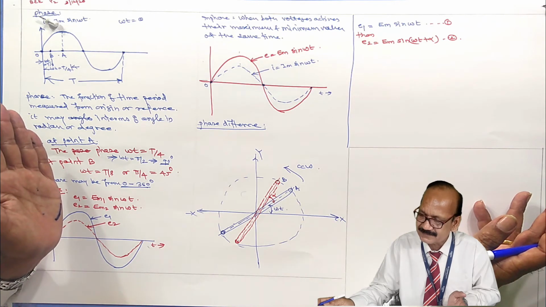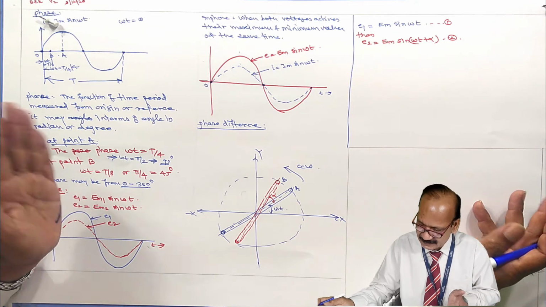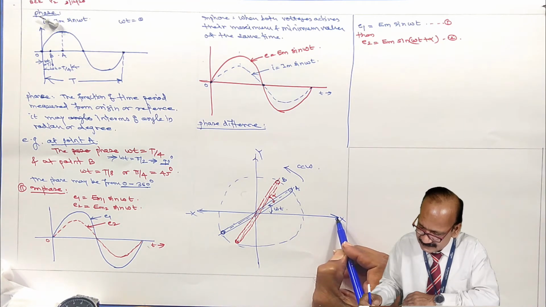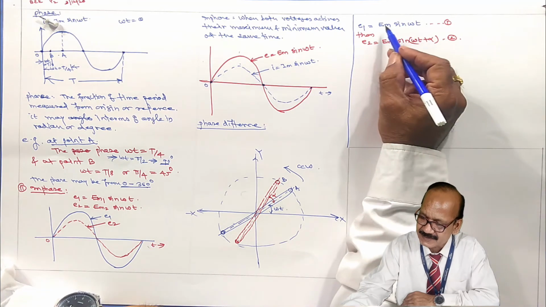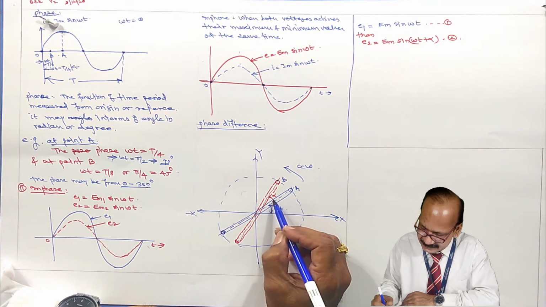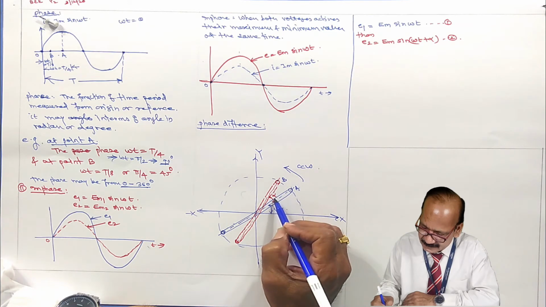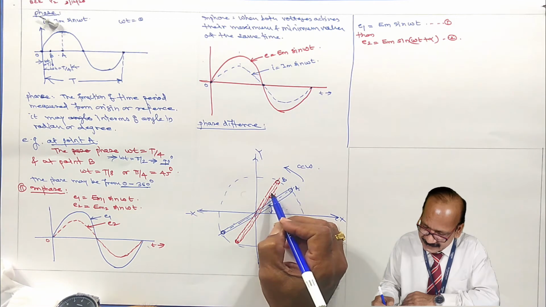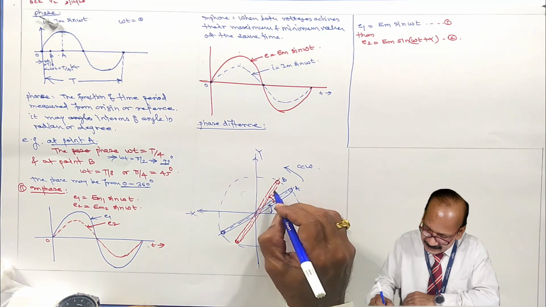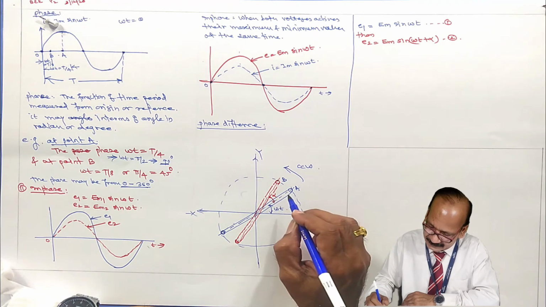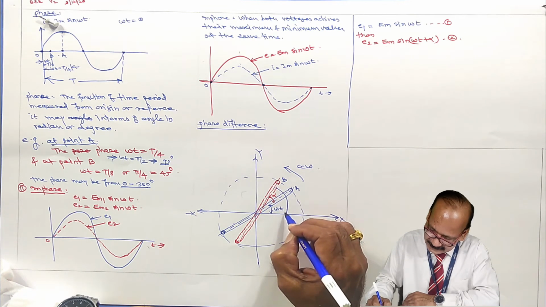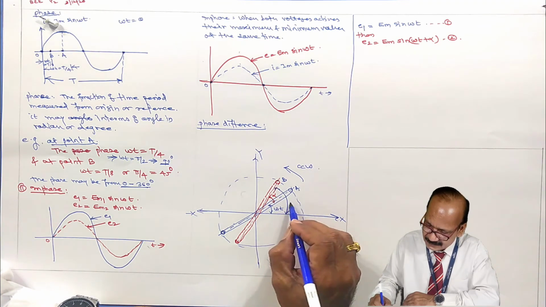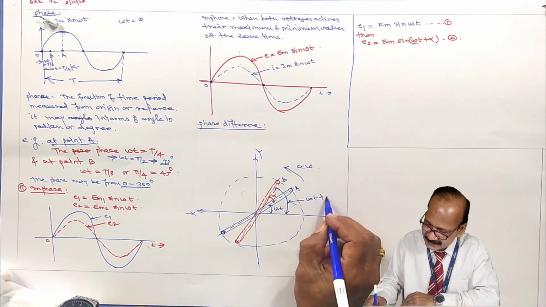But they differ by the phase difference. See, the first coil A makes an angle omega t with reference, that is the first expression E1. And here coil B is making an angle alpha with respect to A. That means the angle of coil B from the reference is omega t plus alpha.